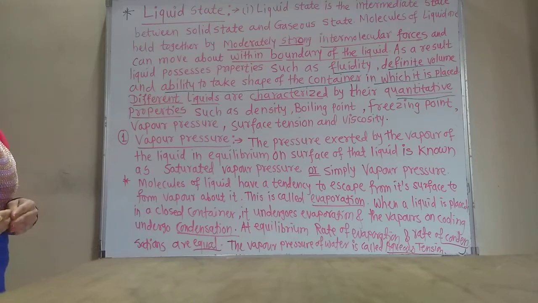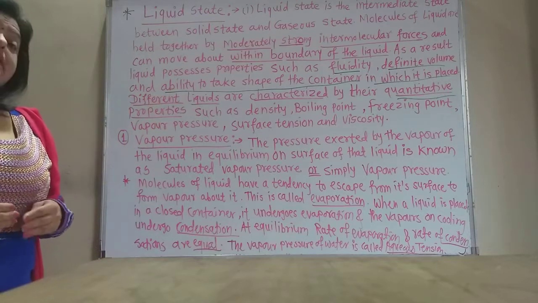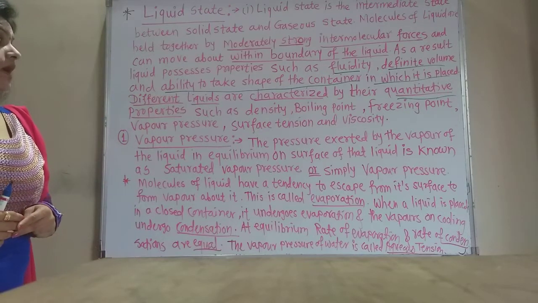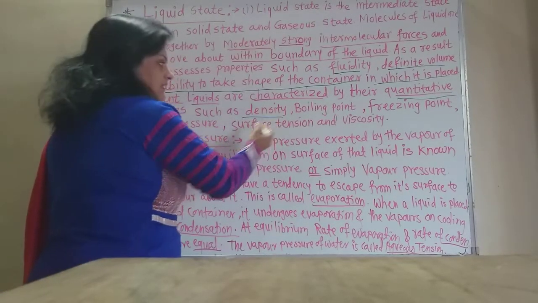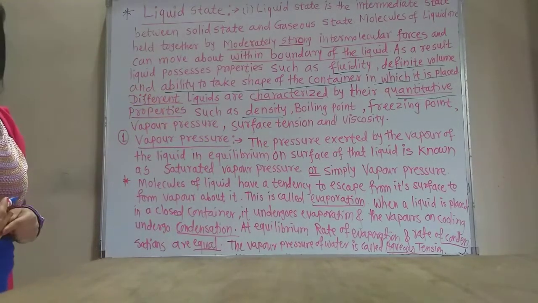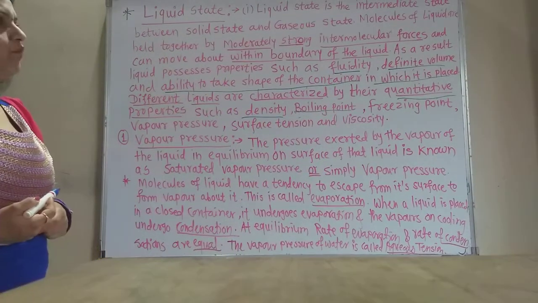They are characterized by quantitative properties. Quantitative means we can measure that property, such as density. Different liquids have different densities. Boiling points: different liquids have different boiling points.